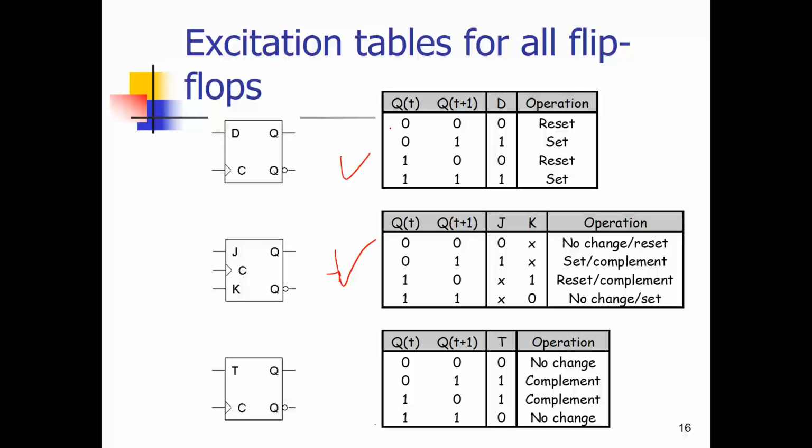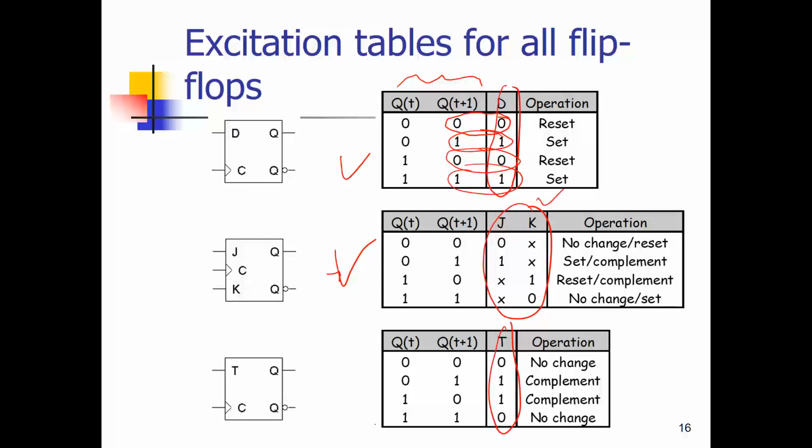Notice my observation: the D input equals the next state. What's the job of an excitation table? It maps the present state Q and next state Qt plus 1 to the input. It tells me what is the value of the input for the different flip-flops.